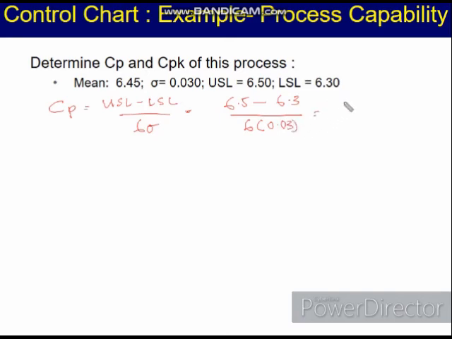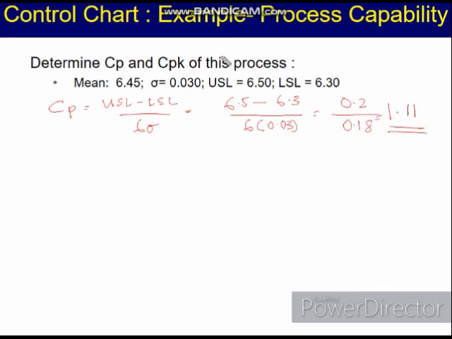So this gives you 0.2 divided by 0.18 and you'll get 1.11. So from this calculation, you can see that the CP value is 1.11. This indicates that the process is capable.